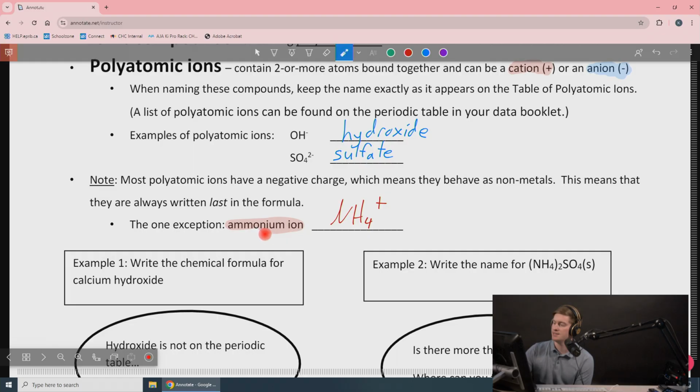Notice that it ends in ium, kind of like a lot of the metals do, like sodium or potassium or aluminum or cadmium. And so it is going to be written first, because we always name ionic compounds with the cation first, then the anion.